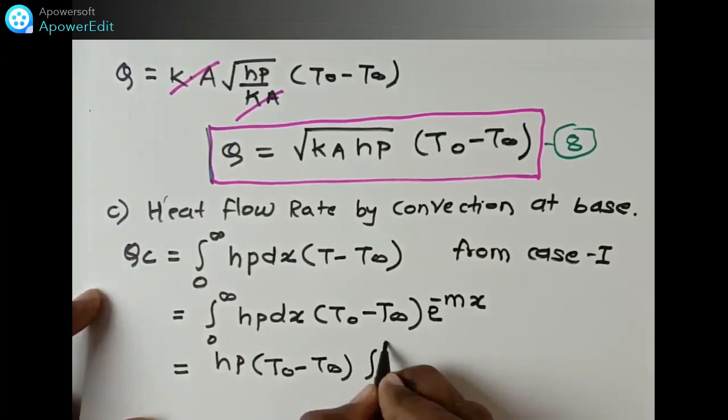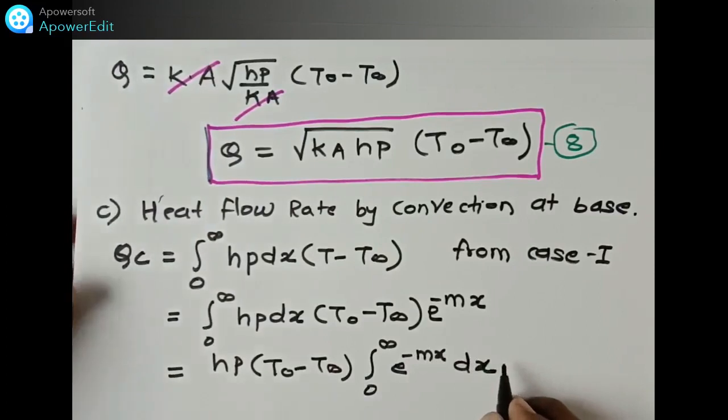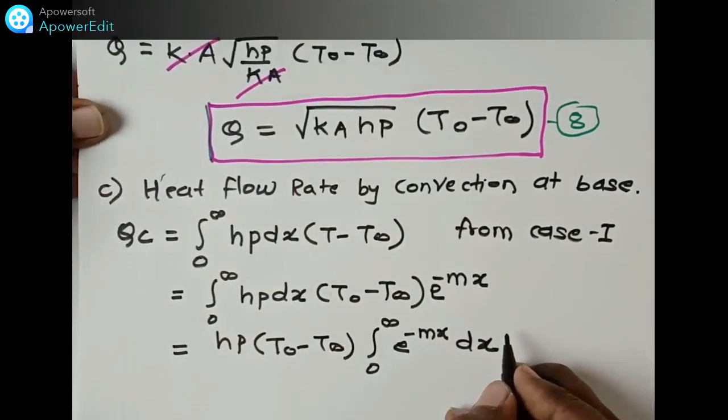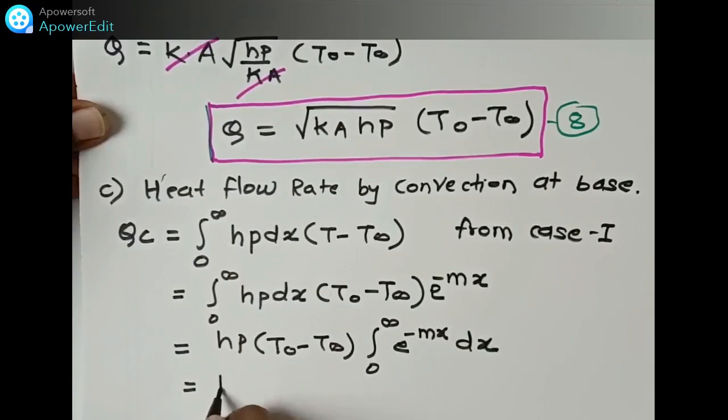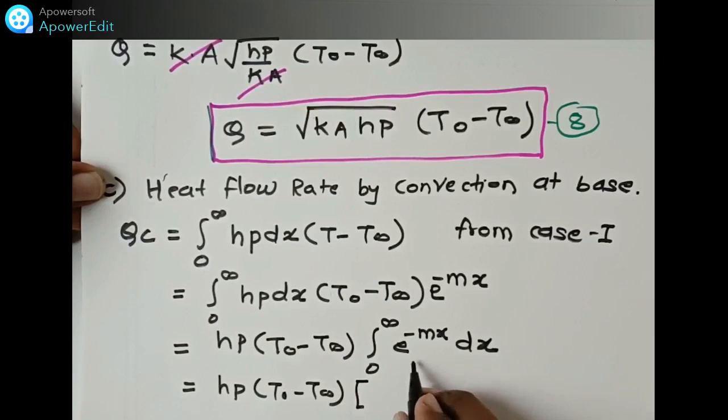In the integration there will be e raised to minus mx into dx. So now next step, HP T naught minus T infinity, here integration of e raised to minus mx, that will be minus 1 upon m into e raised to minus mx.